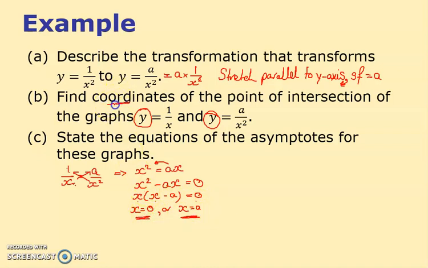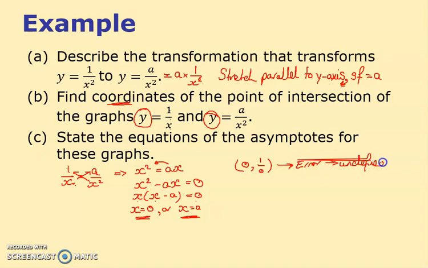Now it wants coordinates, so I think it wants y as well. So therefore x equals 0, that's interesting: 1 divided by 0. Chuck it in your calculator. Error. So you can't get this. The posh way of saying error is undefined.